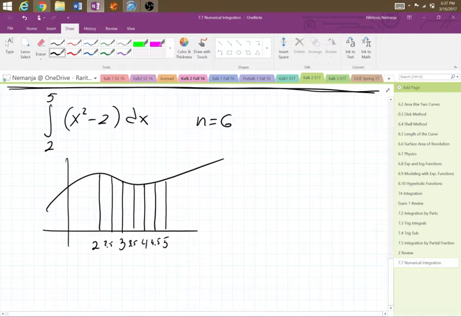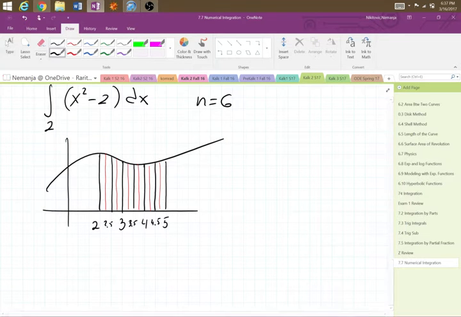And then when we do the midpoint will actually cut all of these in half. Now, we don't actually need all of this stuff because we can say delta x is 5 minus 2 divided by 6, which is 1/2. So we know that delta x is equal to 1/2. And that's the number you keep adding.